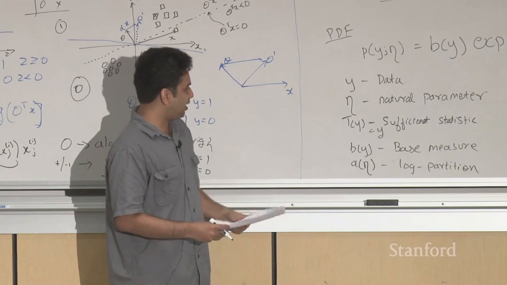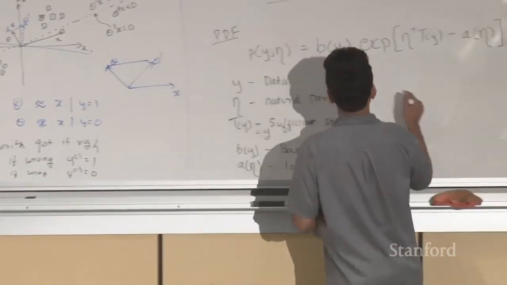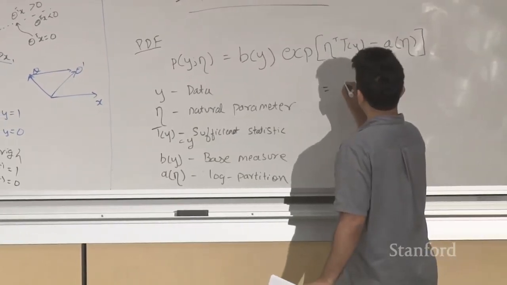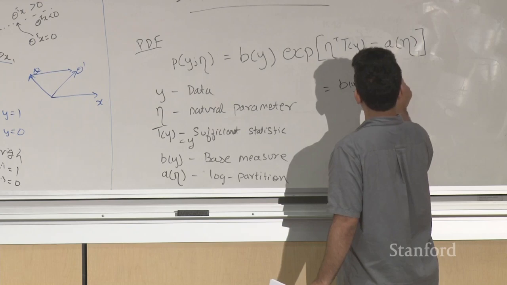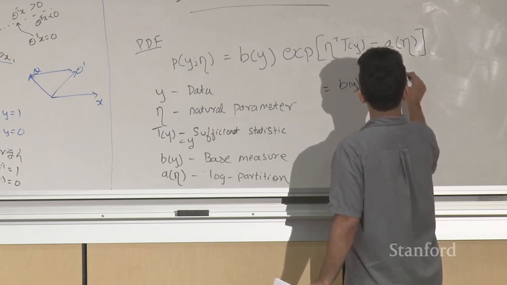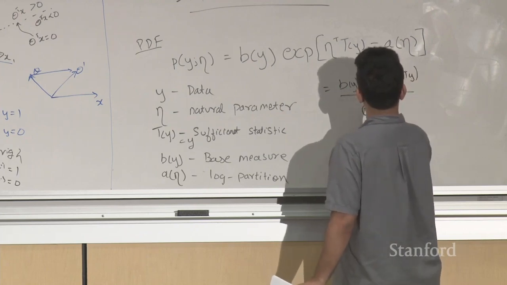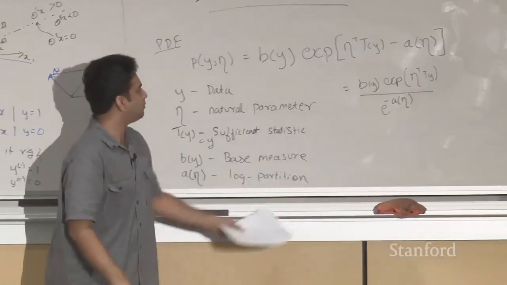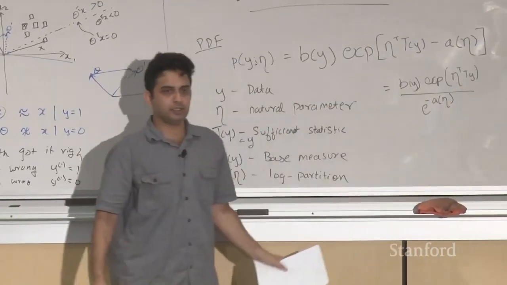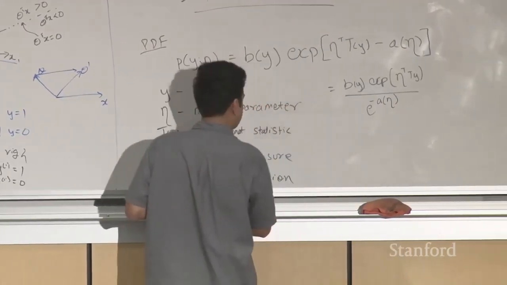The reason why this is called the log partition function is pretty easy to see, because this can be written as B of Y times exp of eta transpose T of Y, divided by exp of A of eta. These two are exactly the same.